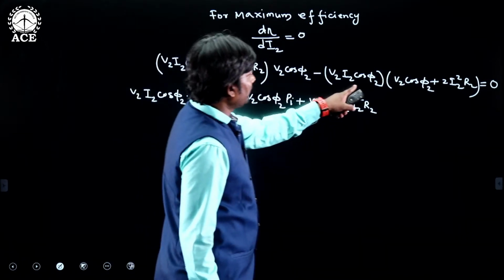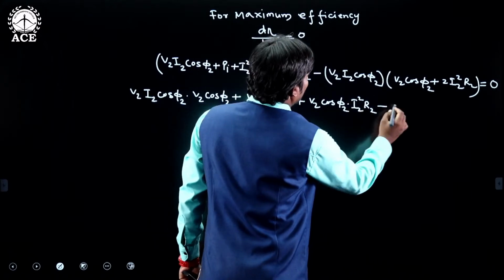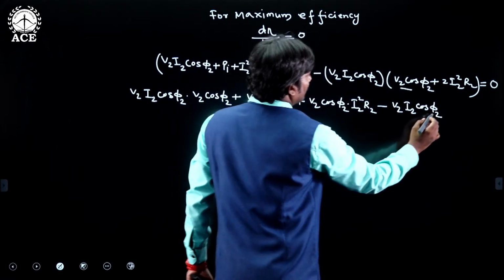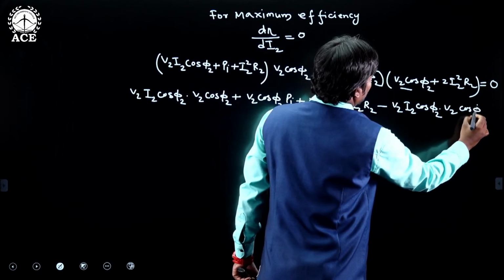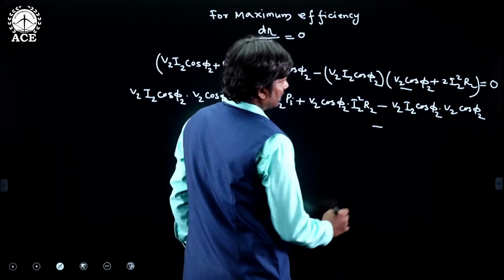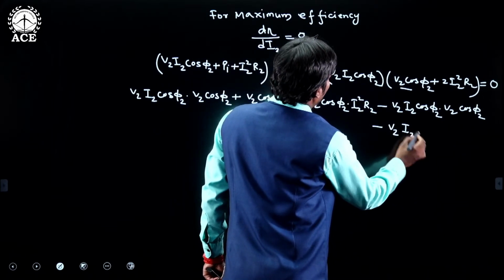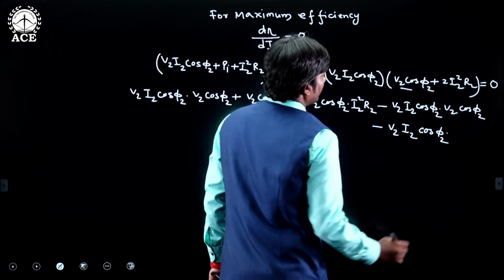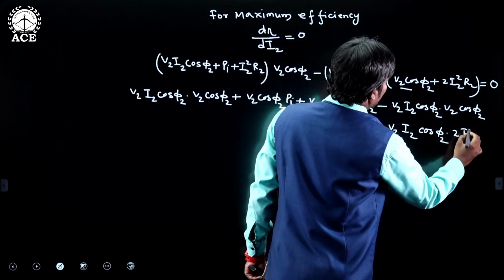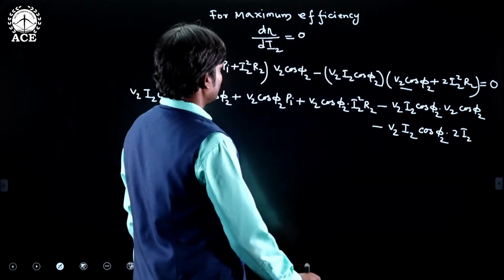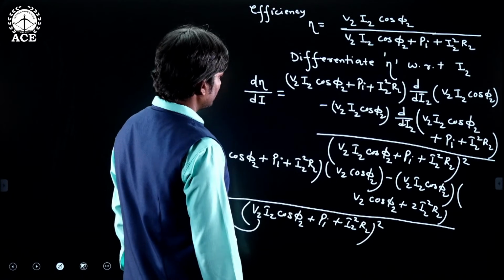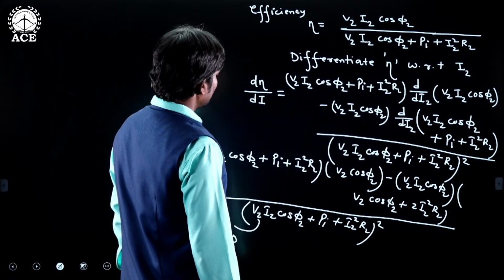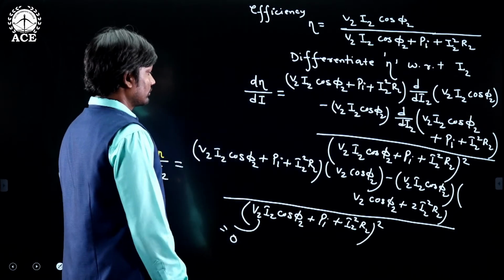Okay, this part is over. Now multiply the other term: minus V2 I2 cos phi 2 into V2 cos phi 2, minus V2 I2 cos phi 2 into 2 I2 R2.